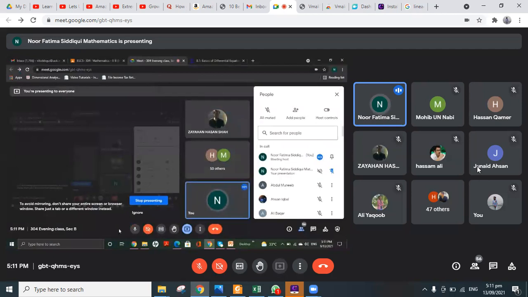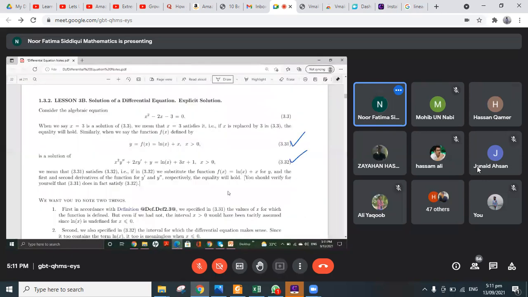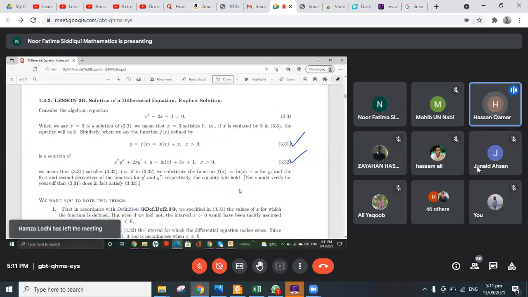All right. Tell me, have you checked whether this satisfies the equation or not? Let us find ln x plus x plus 3x. Okay, so left hand side is also the same, ln x plus 3x plus 1. Miss, 3 is there, 3 is the addition. 3 is not in our answer.